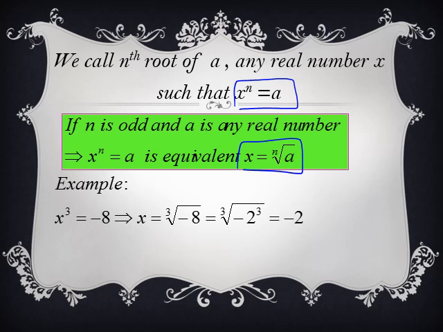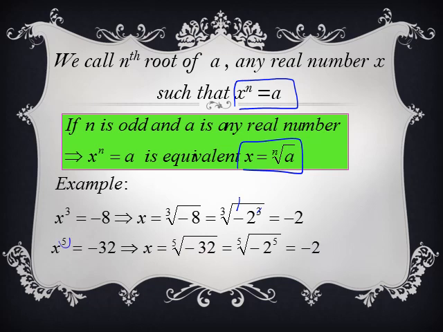Another: x power 5 equals minus 32, so x equals radical of minus 32 with index 5, and minus 2 to the power 5 is minus 32.